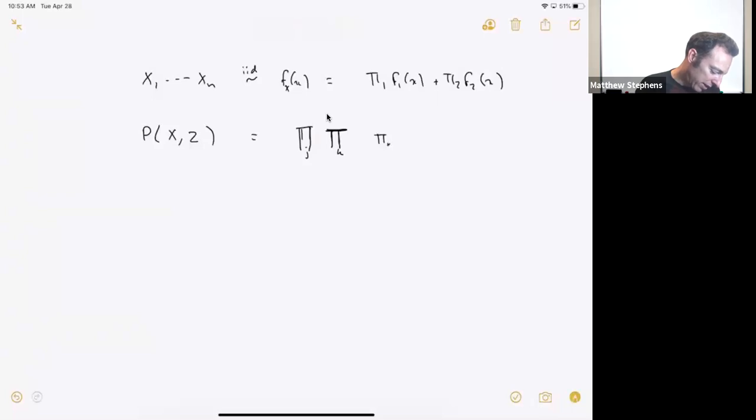I think I use i in the notes and j in the videos. Hopefully you'll cope with that. Remember that z j k is 1 if x j came from component k and 0 otherwise. So these are the binary indicators. So this is the complete data likelihood. We take a log.